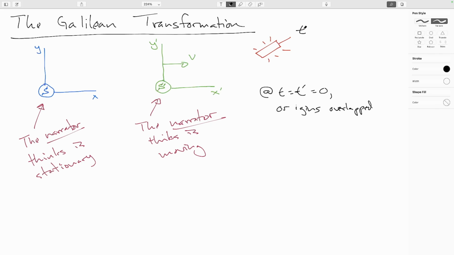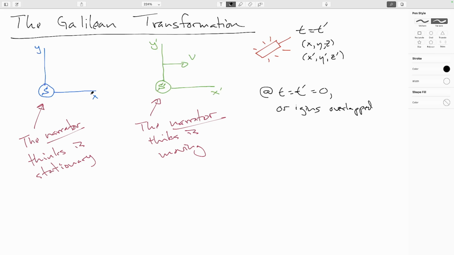Both observers in the Galilean transformation will say that happened at the same time. Later, we'll see that they're actually disagreeing, but in the Galilean transformation, i.e. Newtonian mechanics, we'd say that they're happening at the same time. So that's the time part of the event, and then they'll both measure an x, y, and z coordinate. S will measure x, y, z, S prime will measure x prime, y prime, z prime.